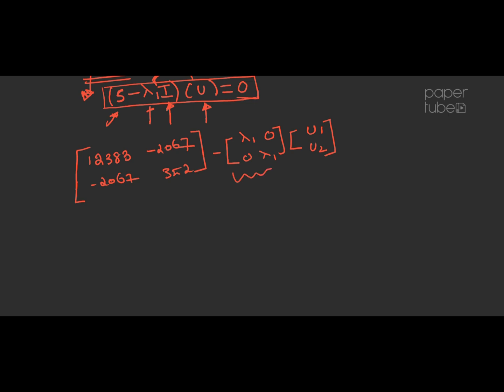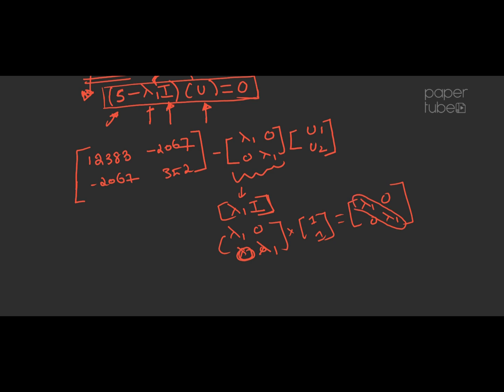This matrix, lambda 1, 0, 0, lambda 1, is nothing but lambda 1 multiplied by I. You should know by this time how to get this value. It's a diagonal matrix, and the diagonal elements will contain your eigenvalues. Okay, so let's expand this equation.